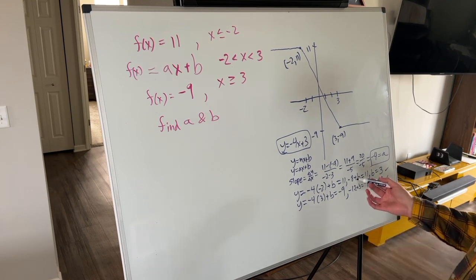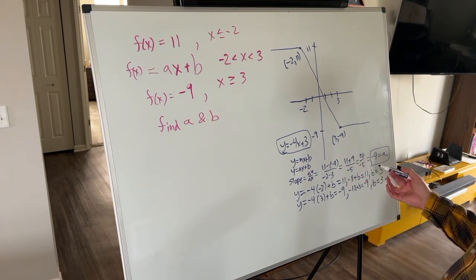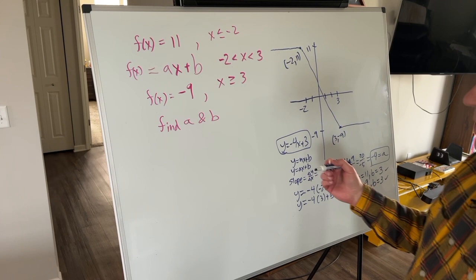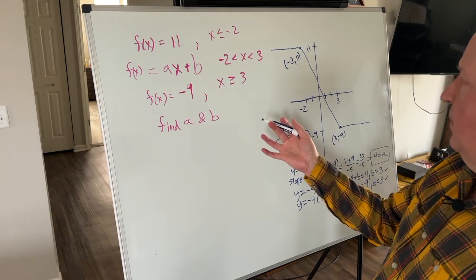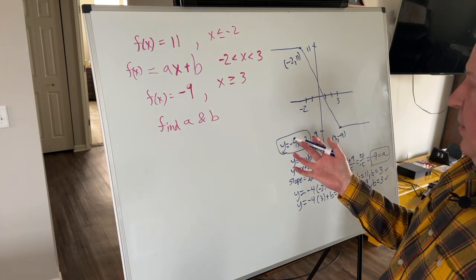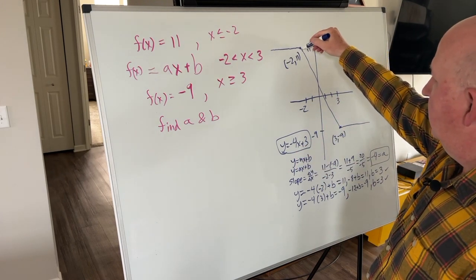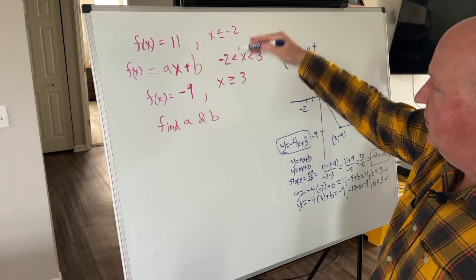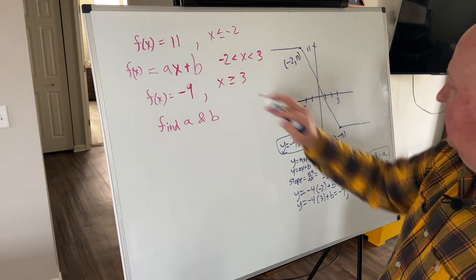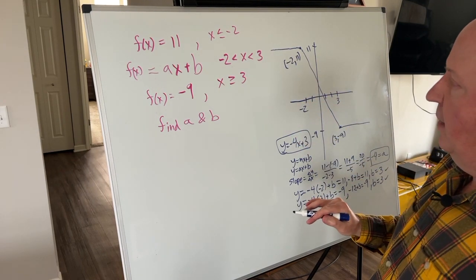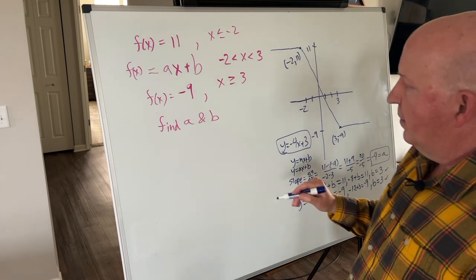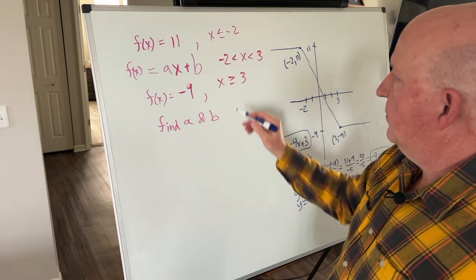Now that's the algebraic way, and that's cool, but this is about limits and continuity, so they really didn't want you to approach it that way. They wanted you to find limits as you approach each of these points with this function. So I'm going to do the first and the third parts first.